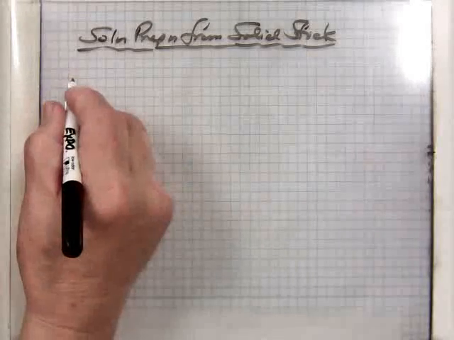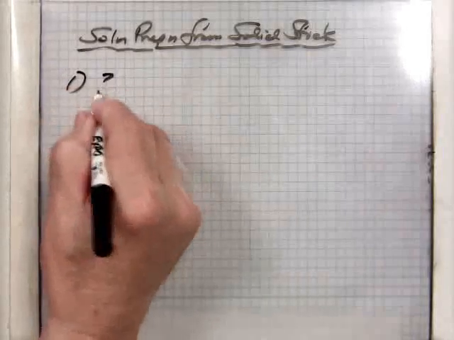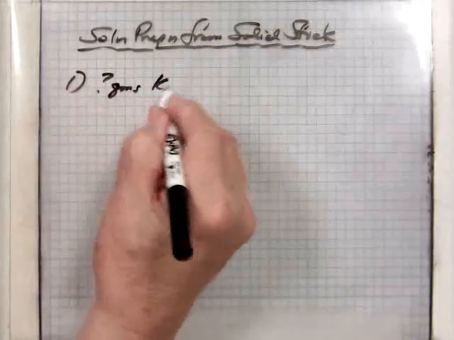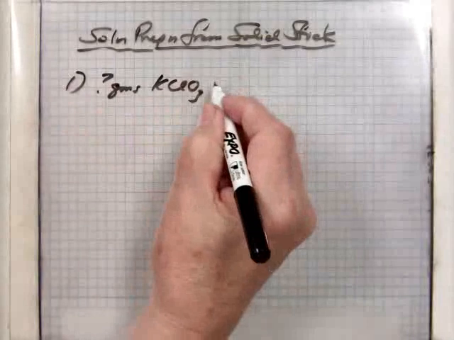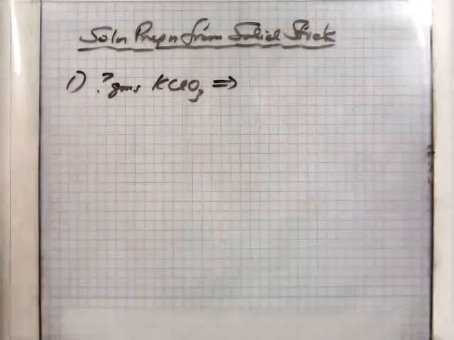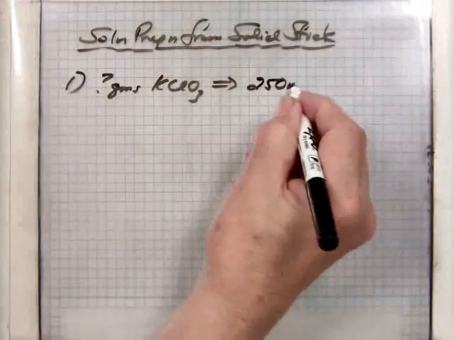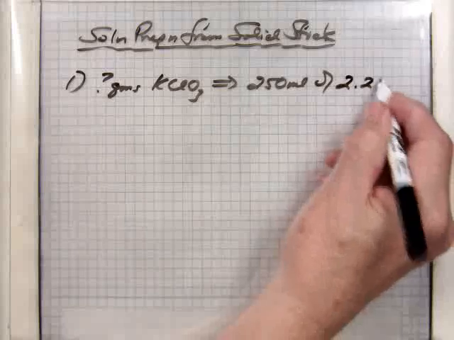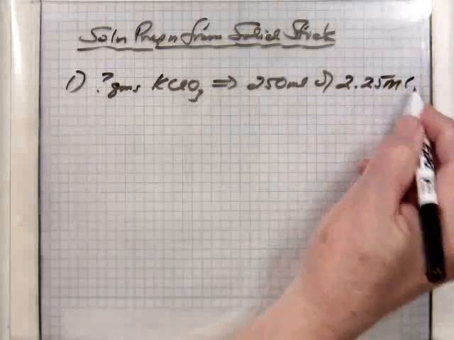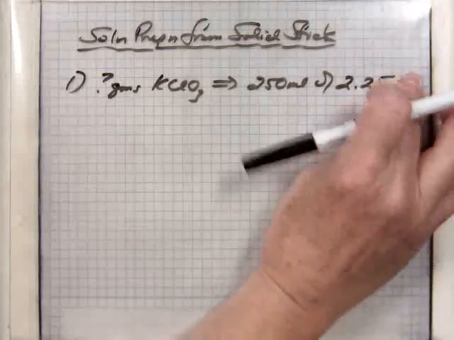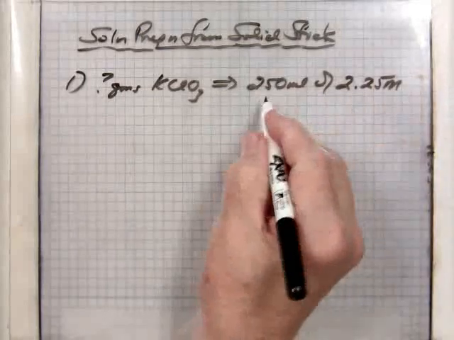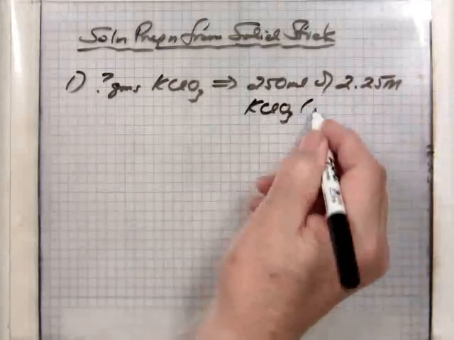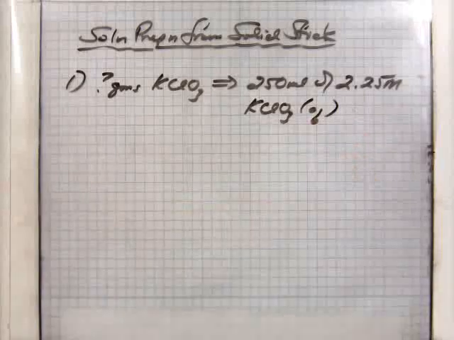So in the problem, how many grams of KClO3 will give us 250 milliliters of a 2.25 molar aqueous solution of KClO3.